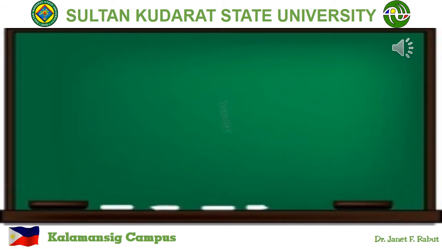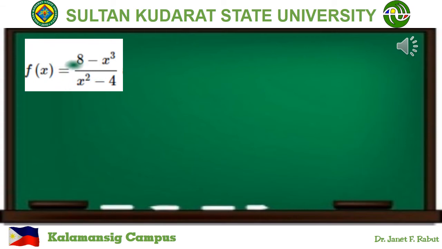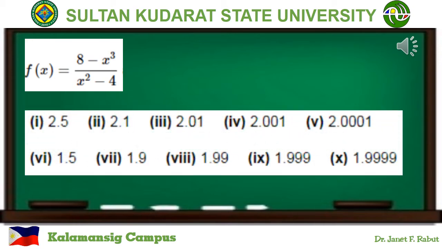Now let's have an example. Now we are going to estimate the limit of f(x) = (8 - x^3) / (x^2 - 4). So in here we are going to estimate the limit by using these values from the left of our a and from the right of our a.